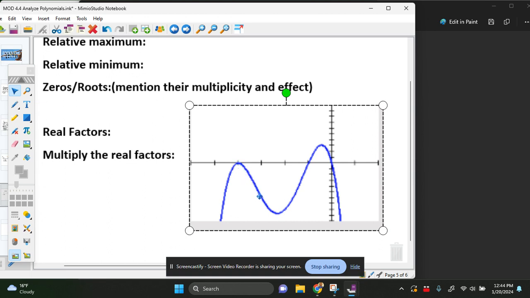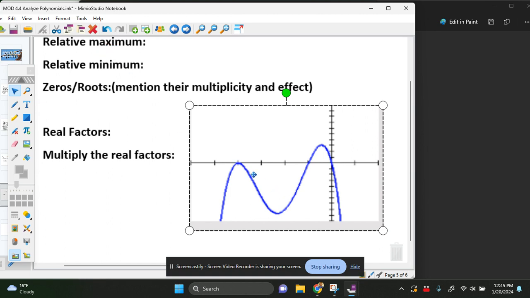And then it goes back down, has this relative minimum here. And then it crosses over the x-axis, so I'm going to have an odd number of zeros there. Goes back to another relative maximum here, and then goes back down. Looks like it goes right through the origin, but it crosses over. So we'll have another odd number of zeros right there, and then goes down forever. Okay, so that's our graph.